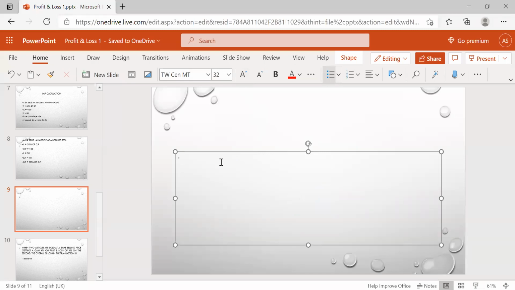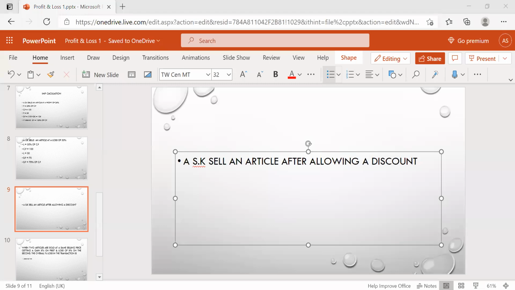In the same manner, one more thing we'll see. A shopkeeper sells an article after allowing a discount of 10%. Suppose the shopkeeper allows a 10% discount.